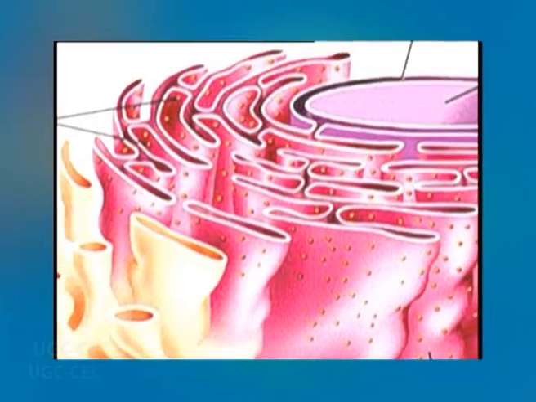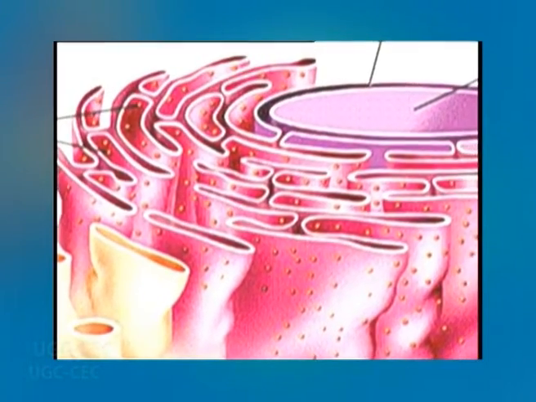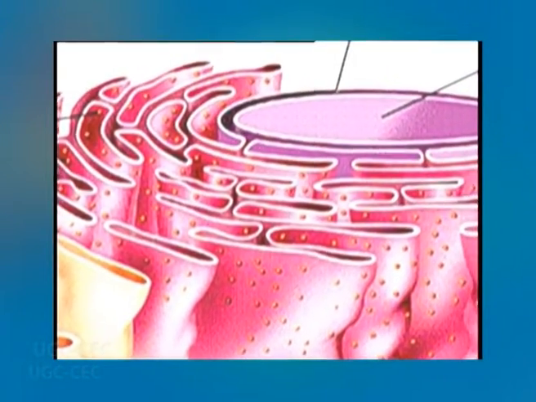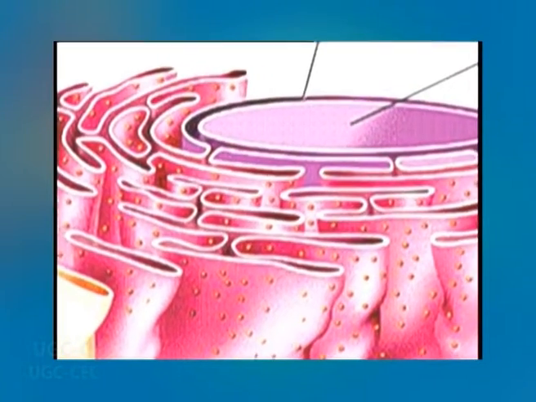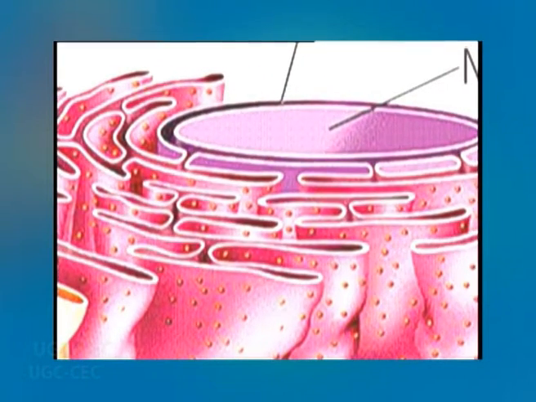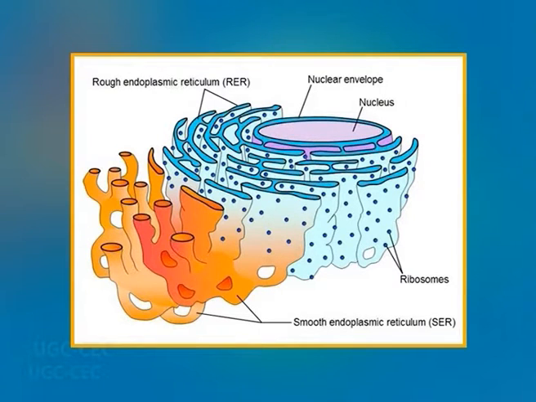To maximize the amount of surface area that is available, the membranes are folded tightly rather than being one flat surface. The endoplasmic reticulum is composed of sac-like structures called cisternae that are folded and bound together by a cytoskeleton.